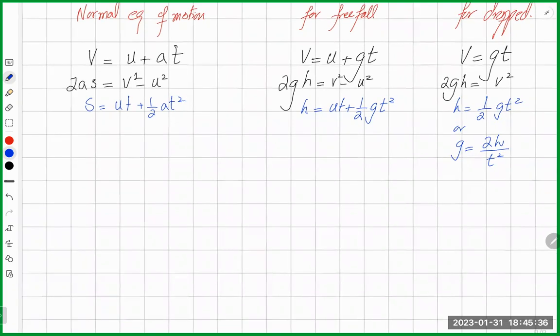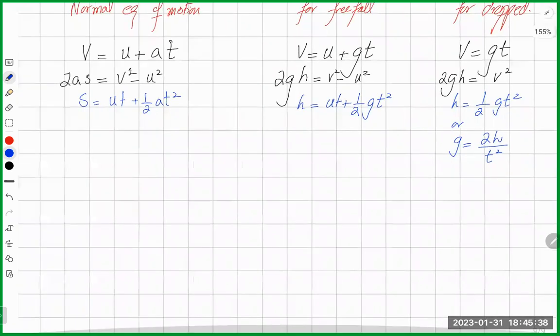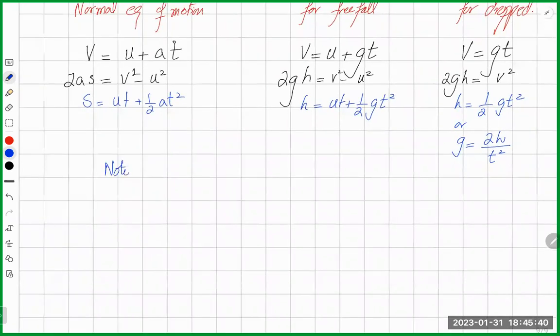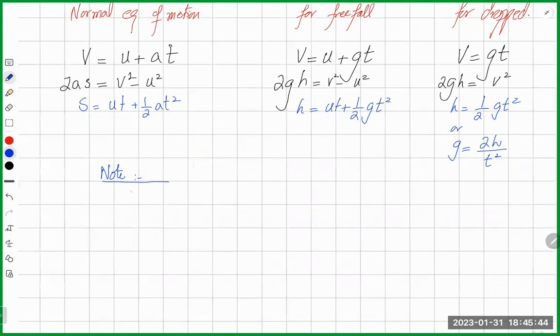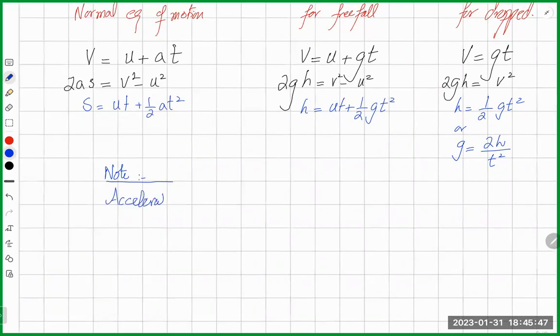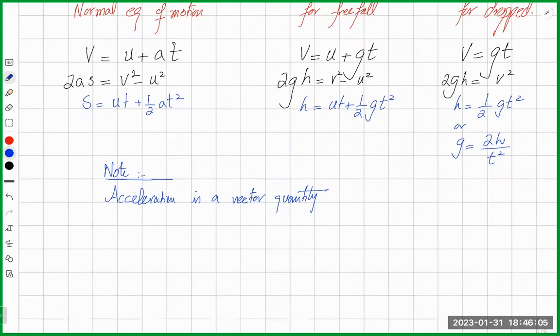So this is how we can use the same formulas in free fall. Note, acceleration is a vector quantity. What is meant by vector quantity? What quantities are vector quantities? Quantities that need direction for complete understanding. So acceleration is a vector quantity.